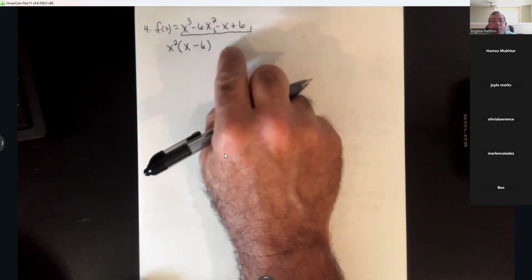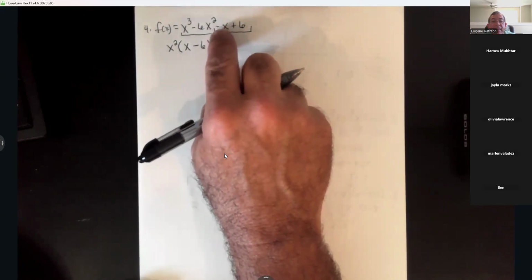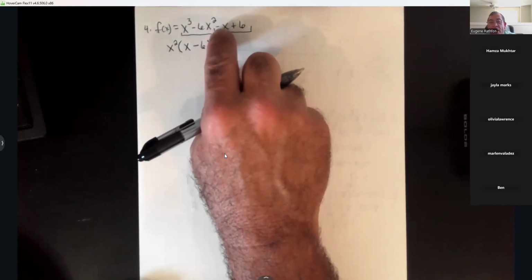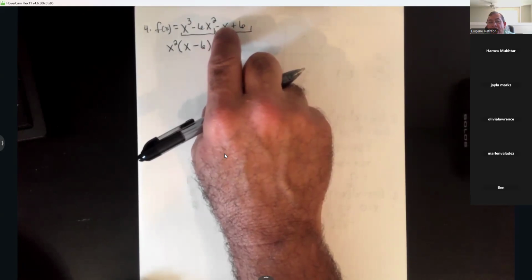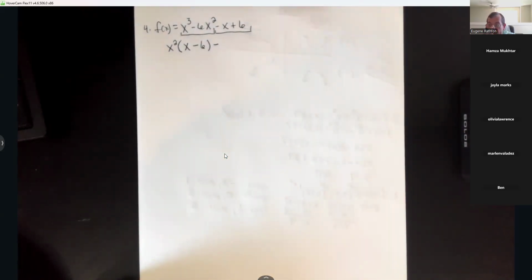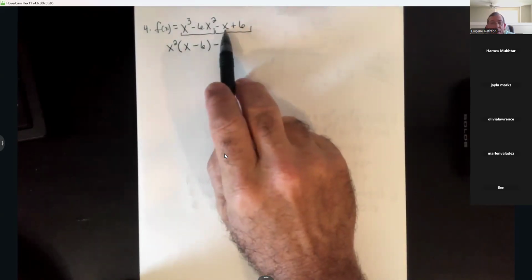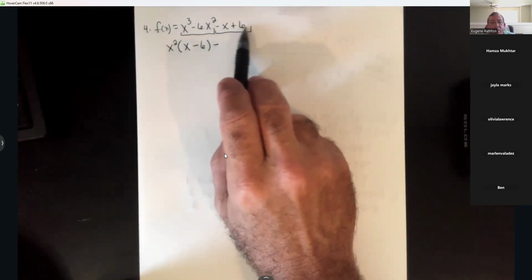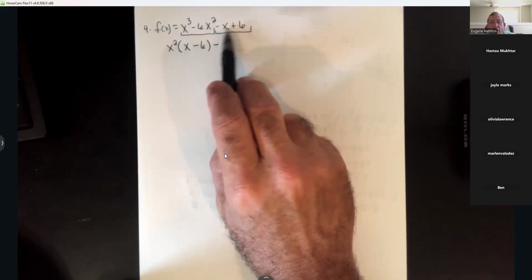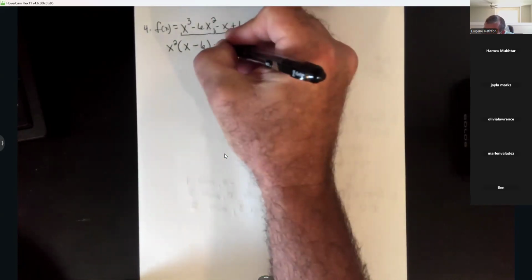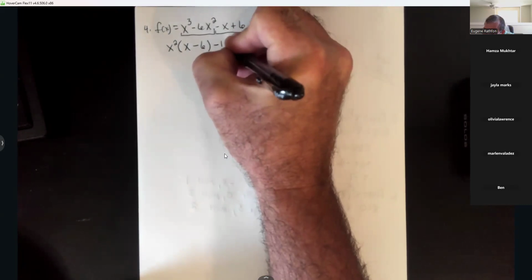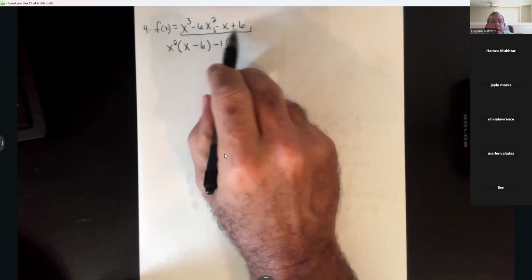Now remember, we said automatically the second GCF has to have the same sign as the third term. So since that x is negative, your second GCF will be negative. And y'all, there's only one thing I can factor out as a common factor between an x and a 6, and that would be a 1. So I'm factoring out a negative 1.